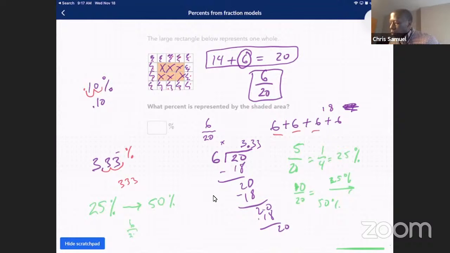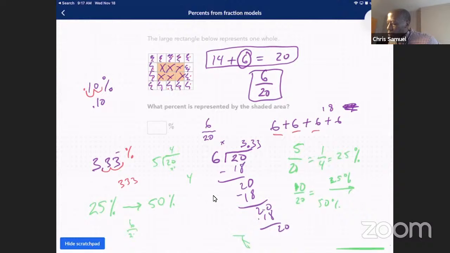That'd be somewhere beyond that. Let me check this out real quick. If we had 20 here, 5 goes into 20 4 times, right? And then we would have 4, and we want to convert the 4 into a percentage.